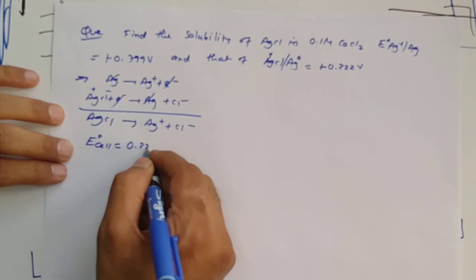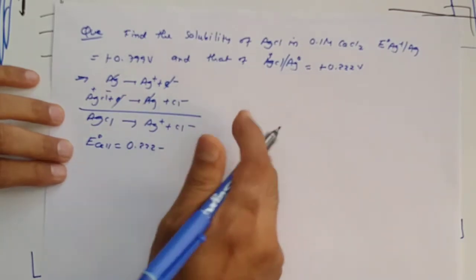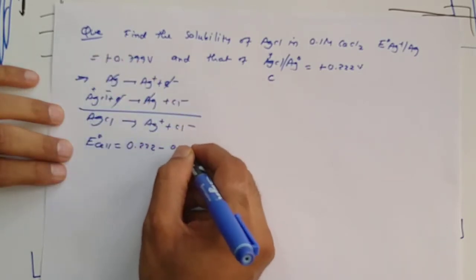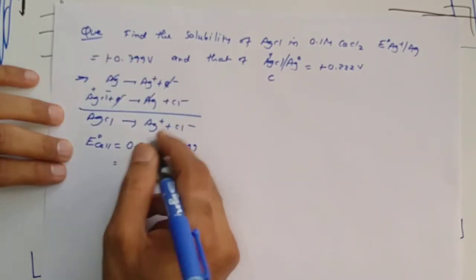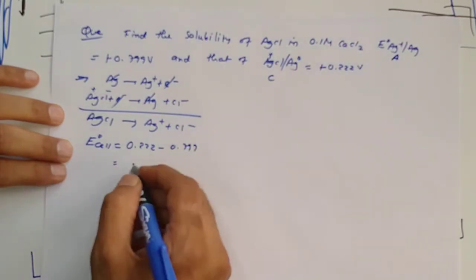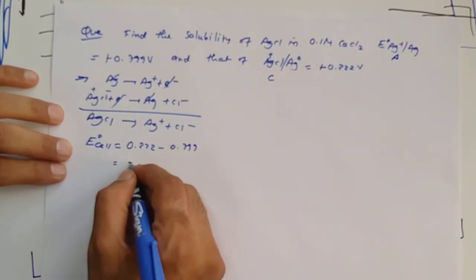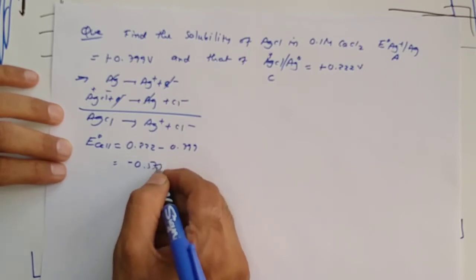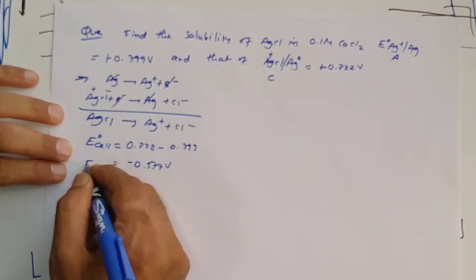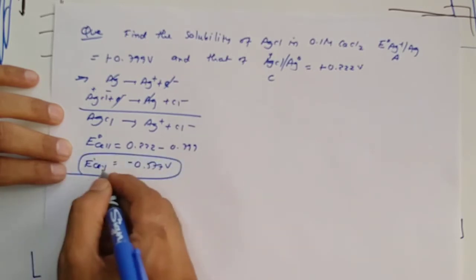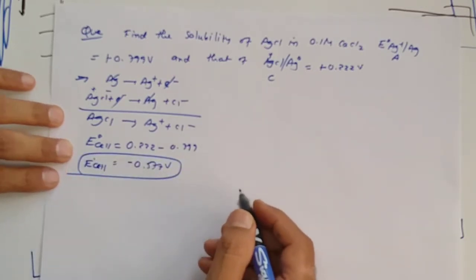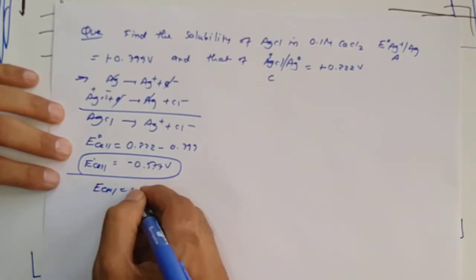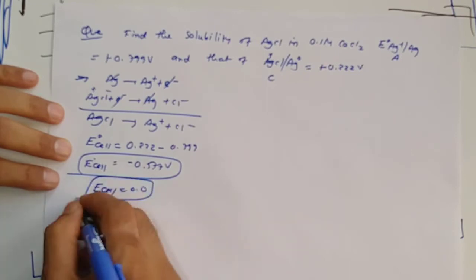So 0.222 minus 0.799, cathode minus anode, so it is minus 0.577. Yes, E degree cell is minus. Clear? Cell is in equilibrium. So E cell is 0.